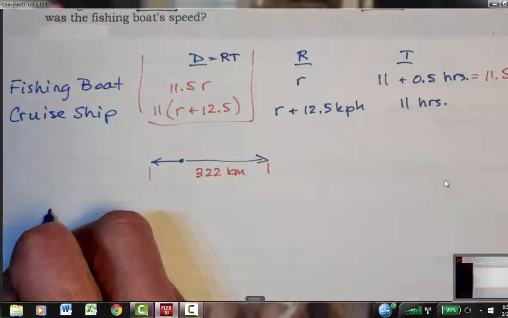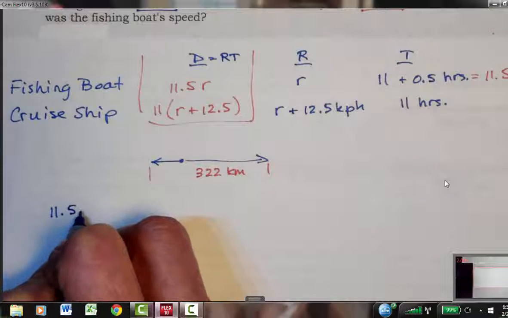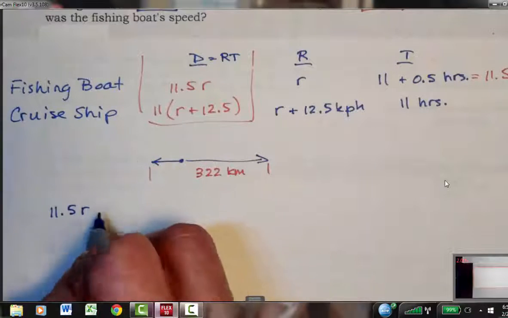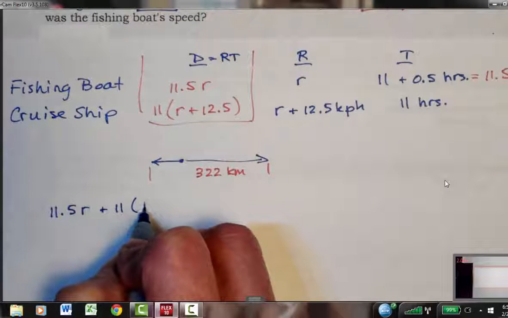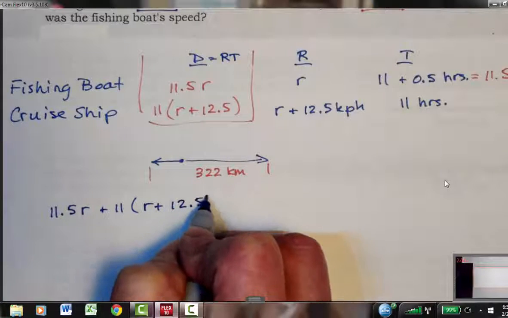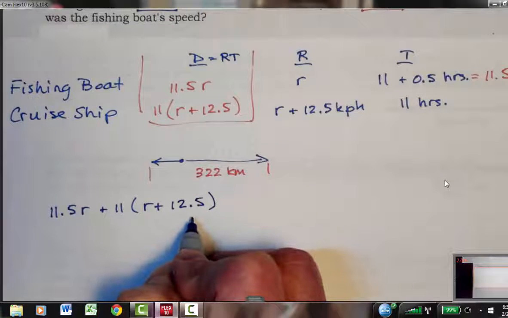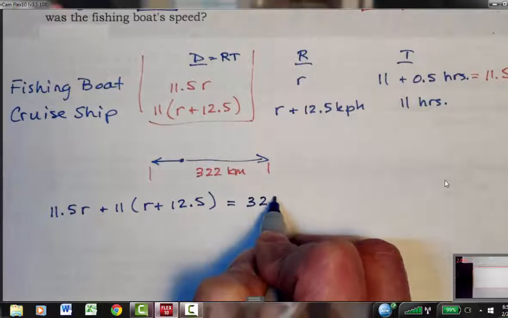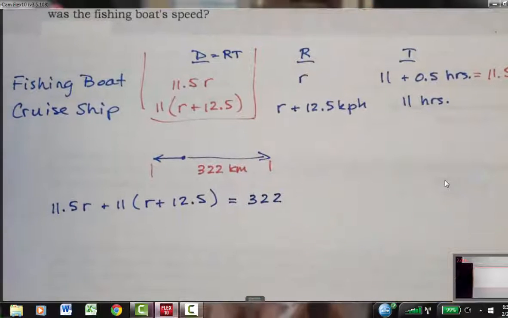So I'm going to have 11.5 R, and that's the distance that the fishing boat is going, plus 11 times R plus 12.5. That represents the distance that the cruise ship is going. And those two distances added together had better equal 322. And that's the hardest part, is just setting it up here.